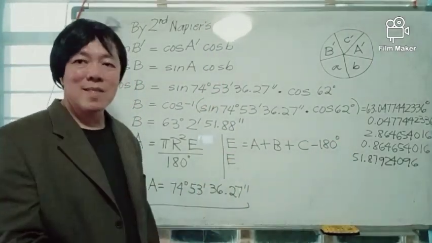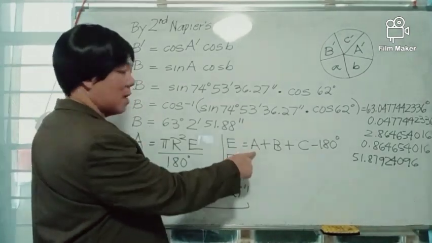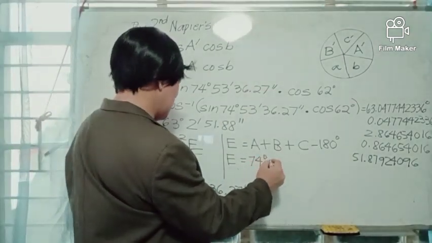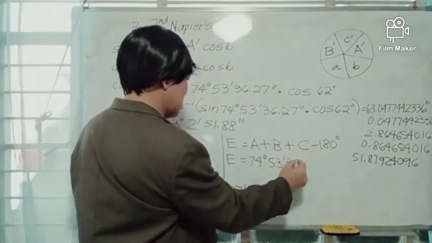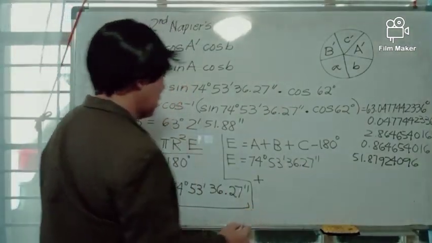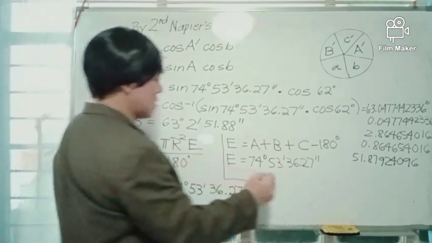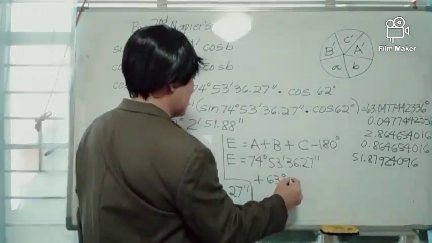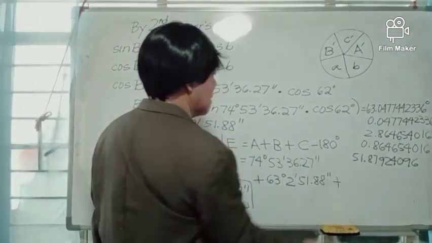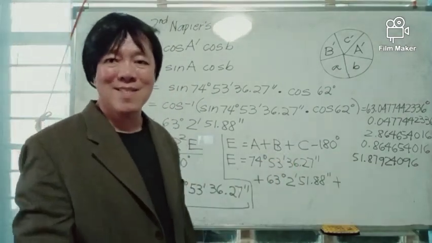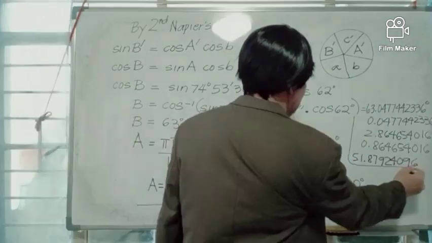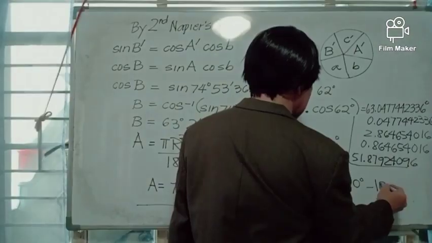Or the spherical excess E equals angle A, 74 degrees, 53 minutes, 36.27 seconds, plus angle B, 63 degrees, 2 minutes, 51.88 seconds, plus the right angle C, 90 degrees, minus 180 degrees.